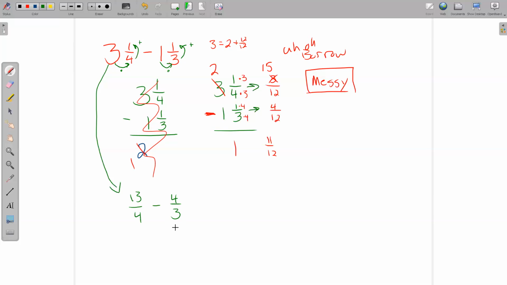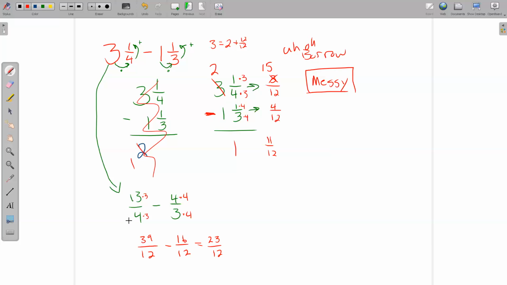And then I need a common denominator. We decided on twelfths. So multiplying top and bottom by 3, multiply top and bottom by 4. 13 times 3 is what? 39 twelfths. Minus 16 twelfths, which doesn't seem too bad. That gives me 23 twelfths.